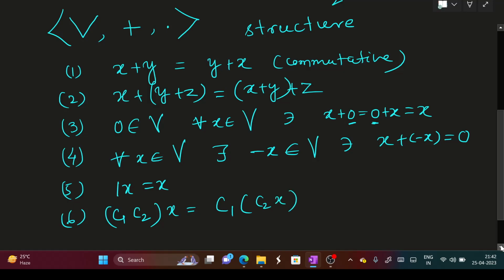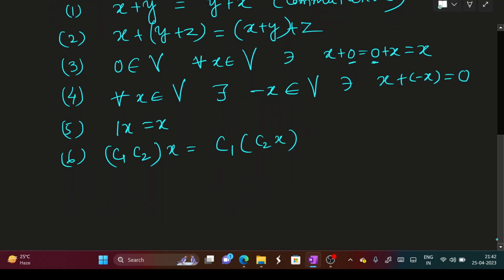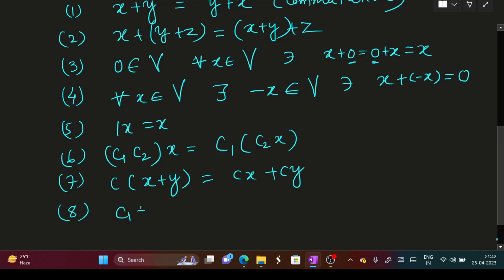Similarly, distributive: c into x plus y is equal to cx plus cy. Last property, that is c1 plus c2 whole into x is equal to c1x plus c2x.